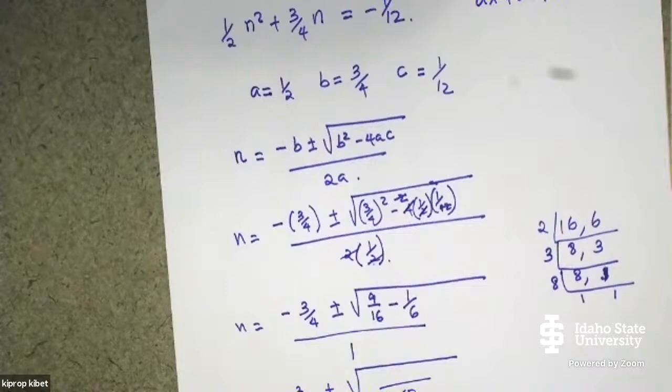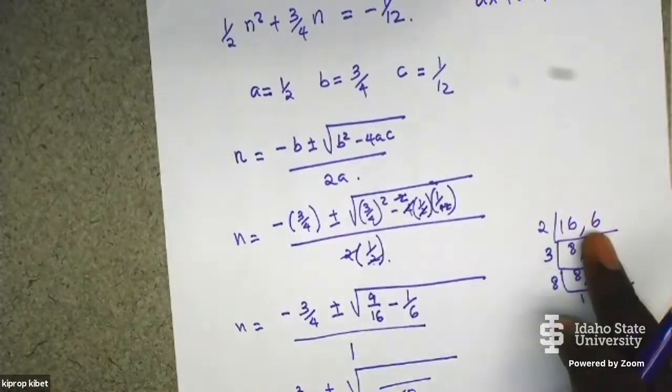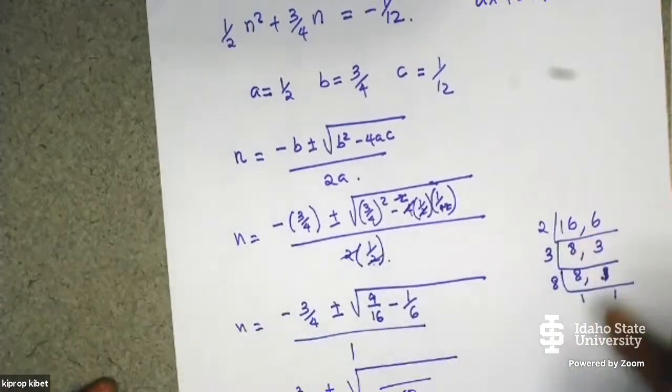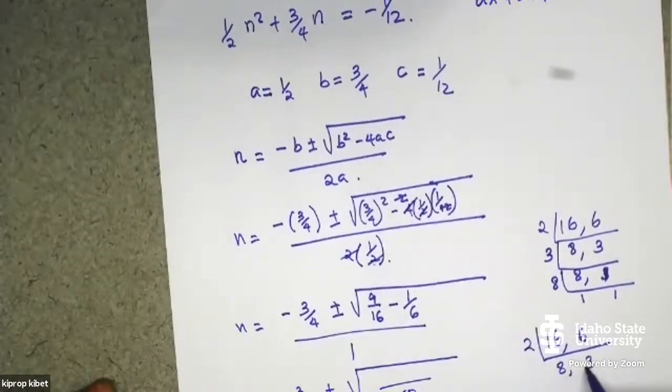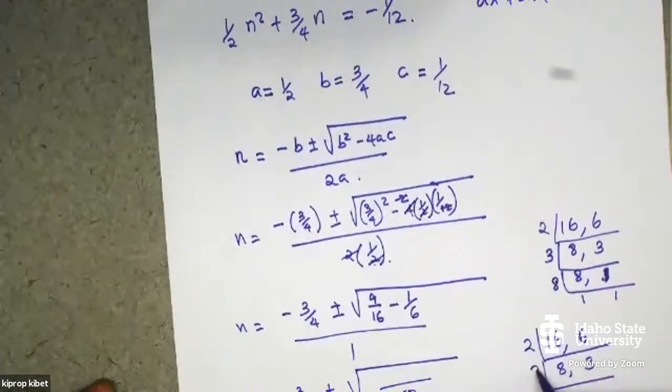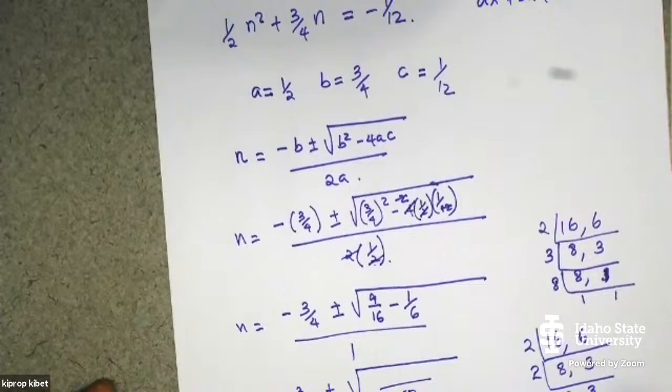Did you see what I did? So how can you look for your least common multiple there? You look for the factors. What divides both of them here? You start from the smallest, which is 2, right? When you divide this and that, you get 8, and here is 3. What next? You can take 2. 2 divides 8, you get 4, and here it doesn't divide, so it still remains the same.